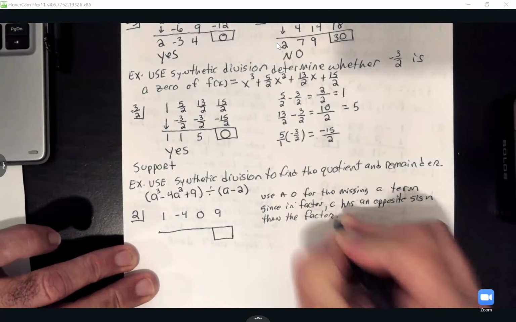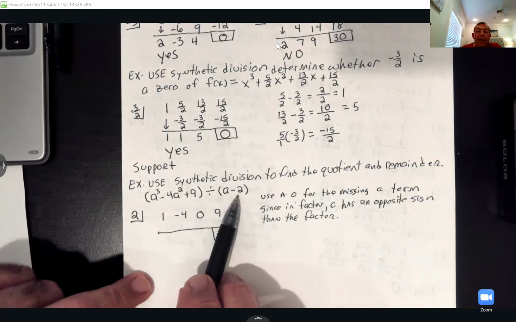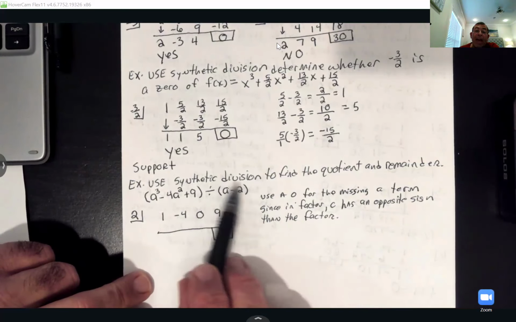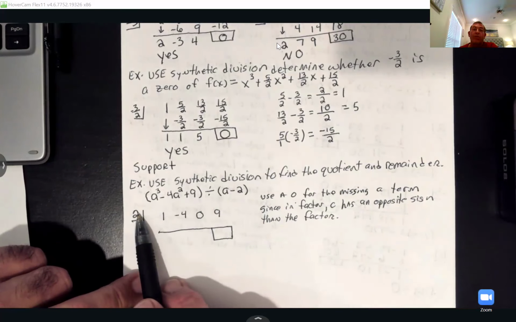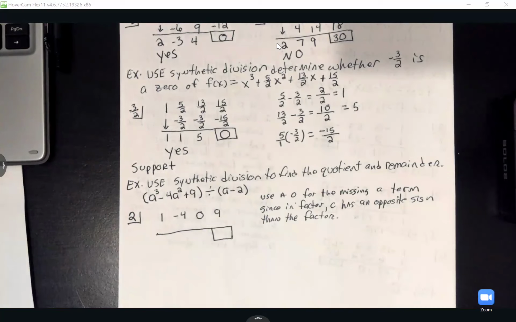And where did you find the 2 again? The C? Oh, because see, this was a -2. So since we're dividing by this factor, this is the number that we changed the sign to make a 2. Okay, that makes sense. Thank you.